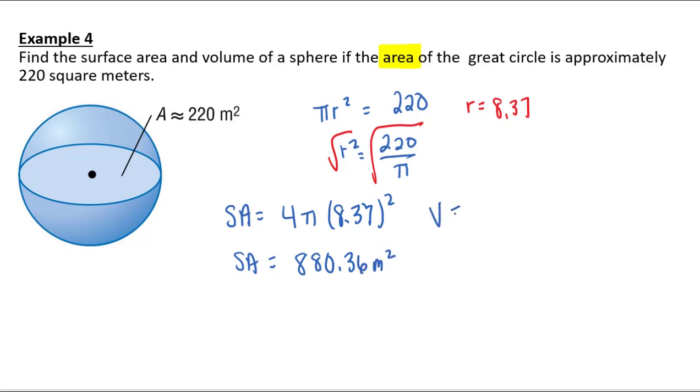My volume is 4/3 pi r cubed, and that ends up equaling 2456 meters cubed.